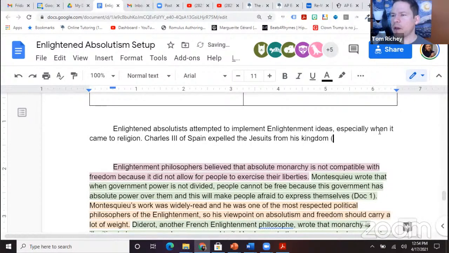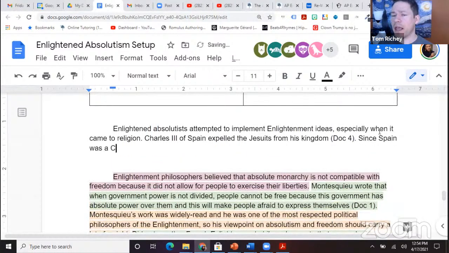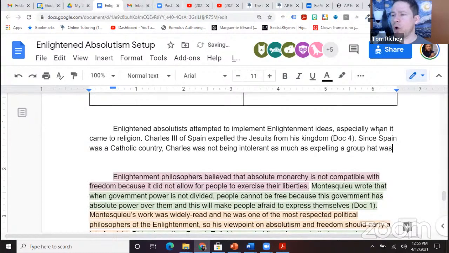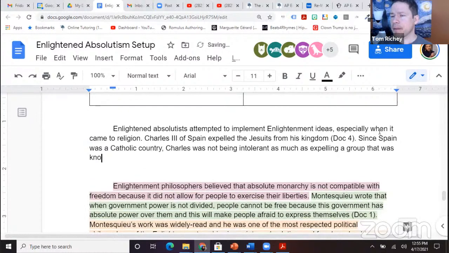We're going to note here that is document 4, and then we say that since Spain was a Catholic country, Charles was not being intolerant as much as expelling a group that was known for promoting intolerance and trying to reconvert Protestants.